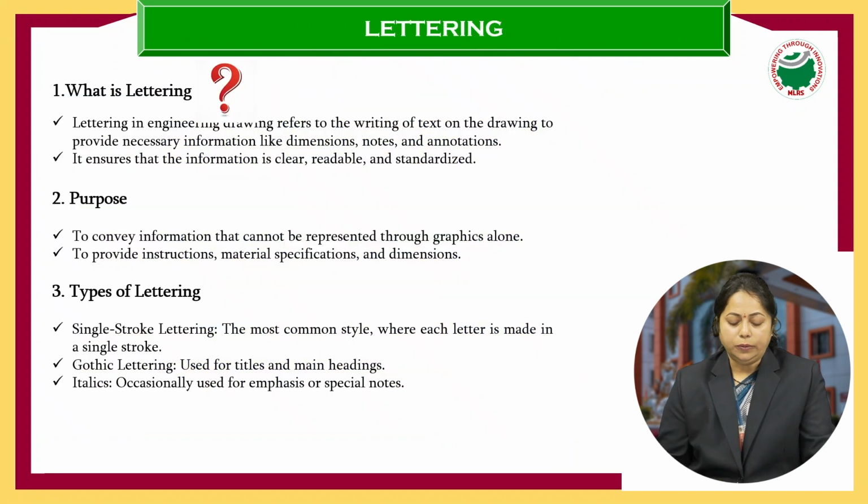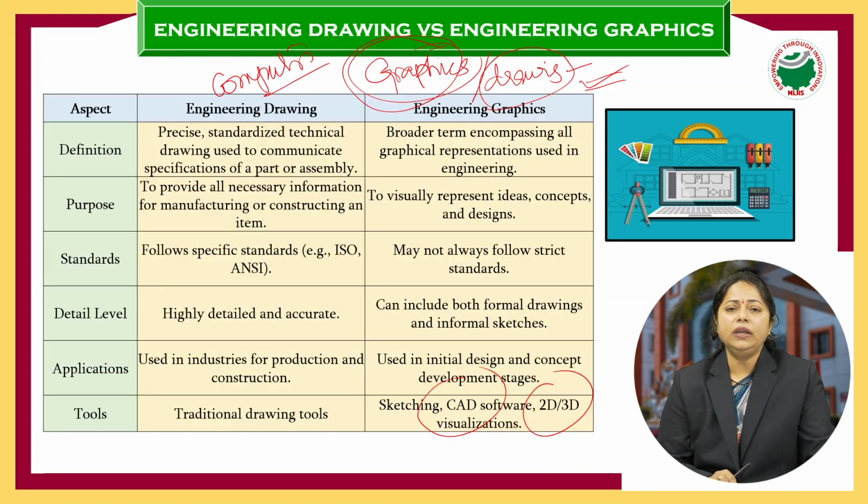Moving ahead, as of now we have understood what drawing is, which is a pictorial representation of an object. Then what is engineering drawing? Drawing of engineering items which is standardized is called engineering drawing. This is a universally accepted language.